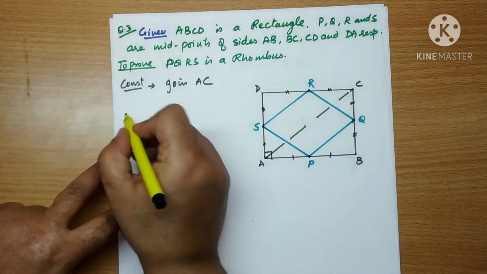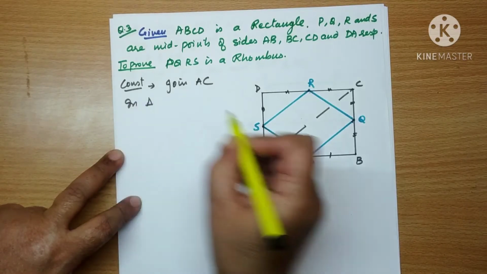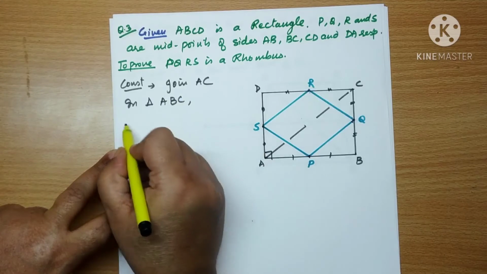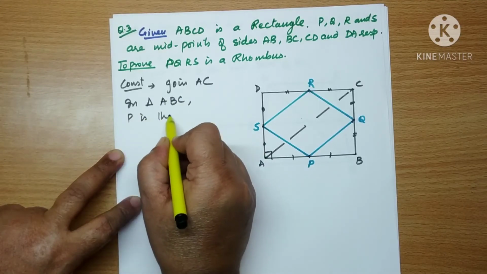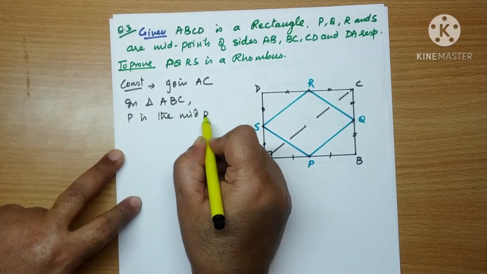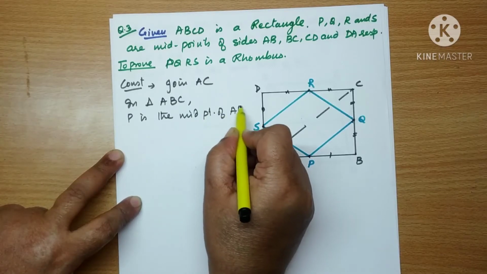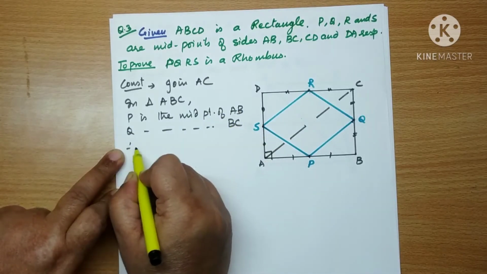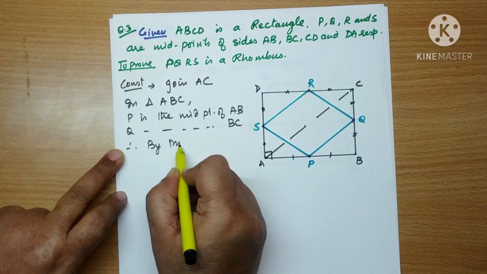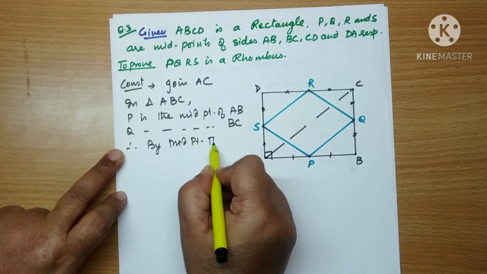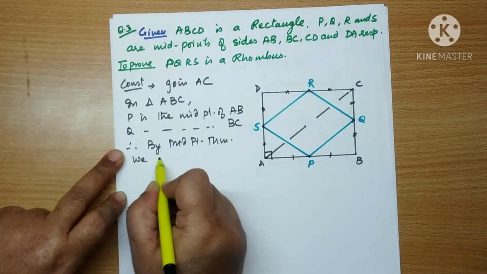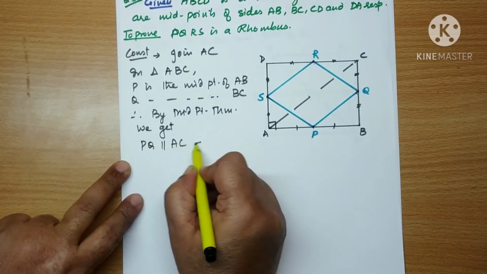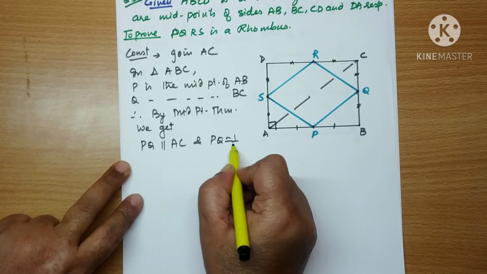In triangle ABC, P is the midpoint of AB and Q is the midpoint of BC. Therefore, by the midpoint theorem, PQ is parallel to AC and PQ is half of AC.